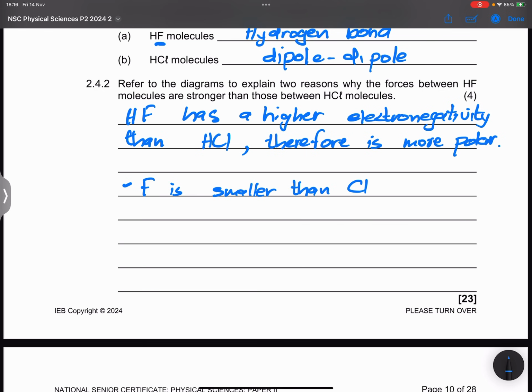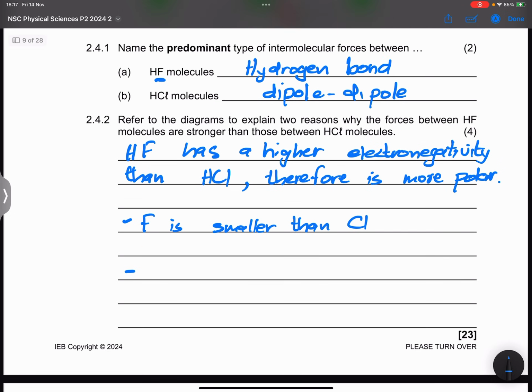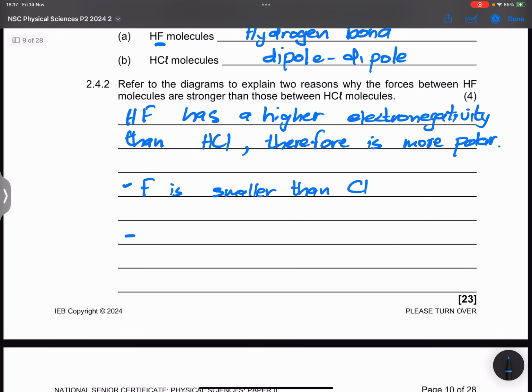than chlorine. So in that case, we know that the strength of the intermolecular force would also be greater, because we know that hydrogen bonding is much stronger than dipole forces.